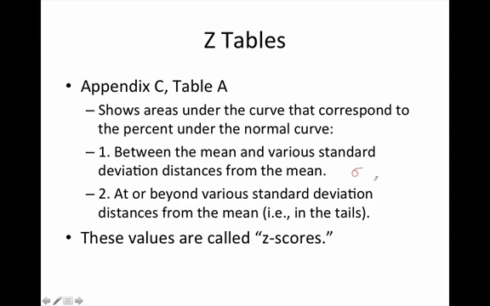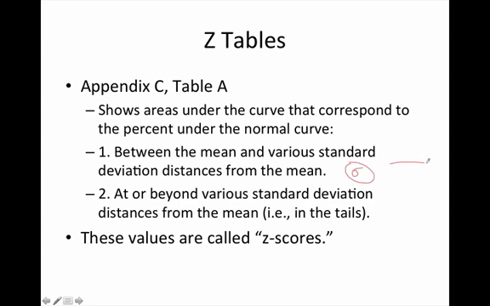Okay? So this will correspond to how you are interpreting those z-tables. So we have a value that tells us the area between the mean and various standard deviations expressed in sigma, okay? Distances from the mean, and it tells you the point at or beyond various standard deviations from the mean.